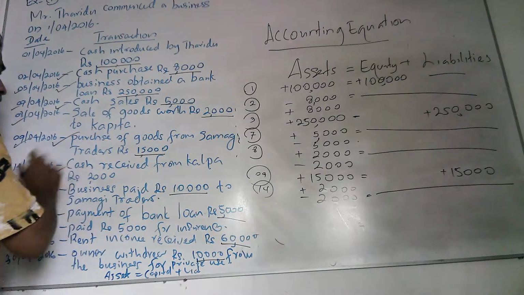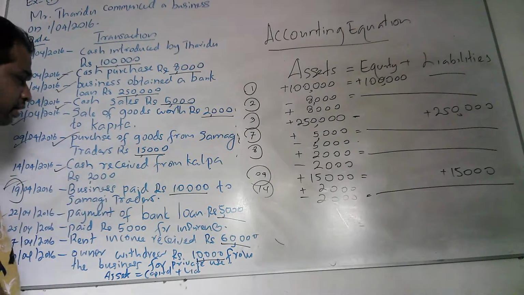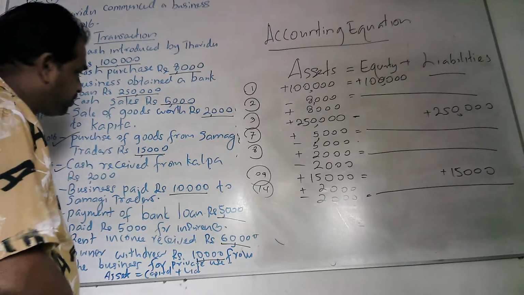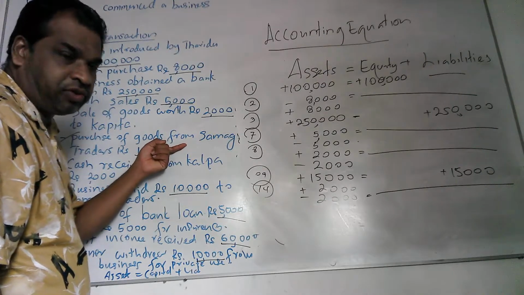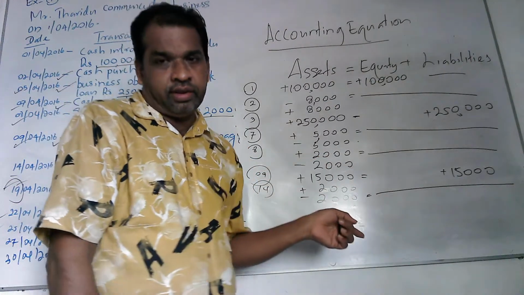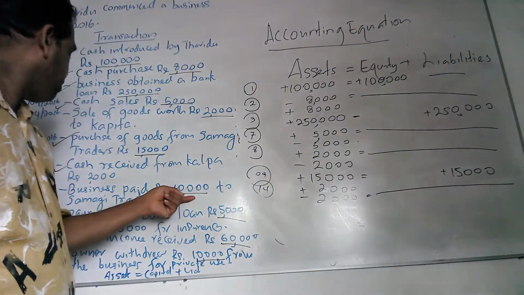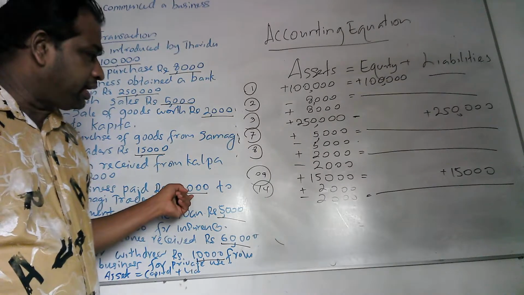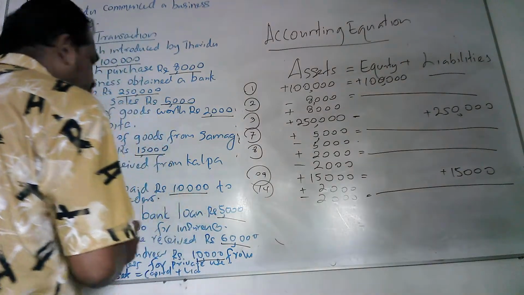Then, business paid 10,000 to Samaggi traders, because earlier we purchased goods from Samaggi traders on credit worth 15,000. Now business has paid 10,000 to settle that liability.